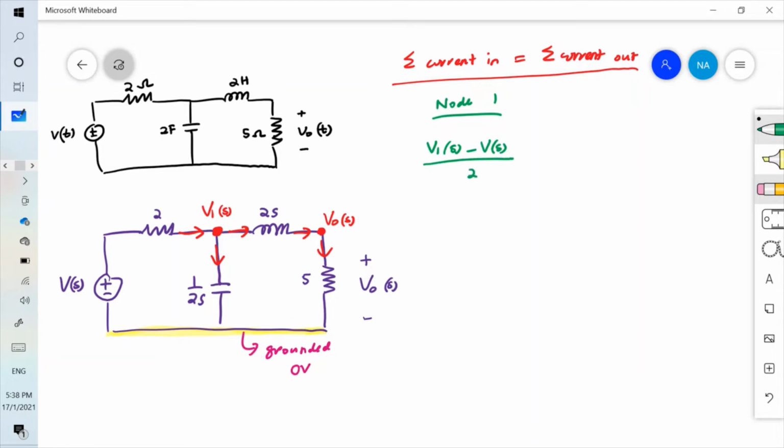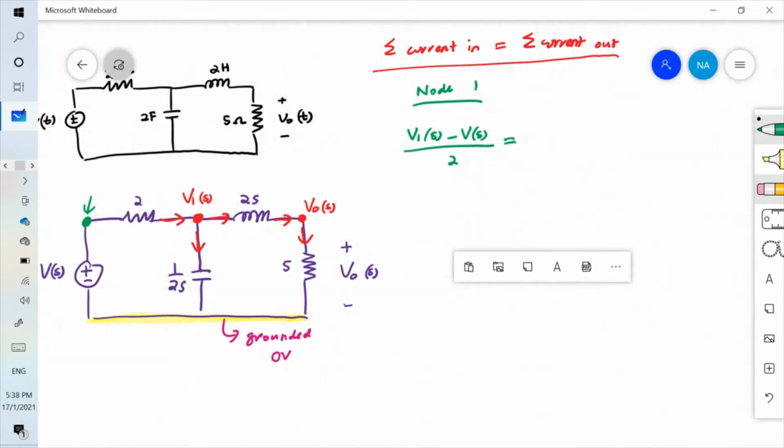The potential at this node here is Vs, and there's no other component after the Vs. So V1S minus Vs over 2 is the voltage drop divided by impedance, which gives you current. Current in, only one, and then you have two currents out.